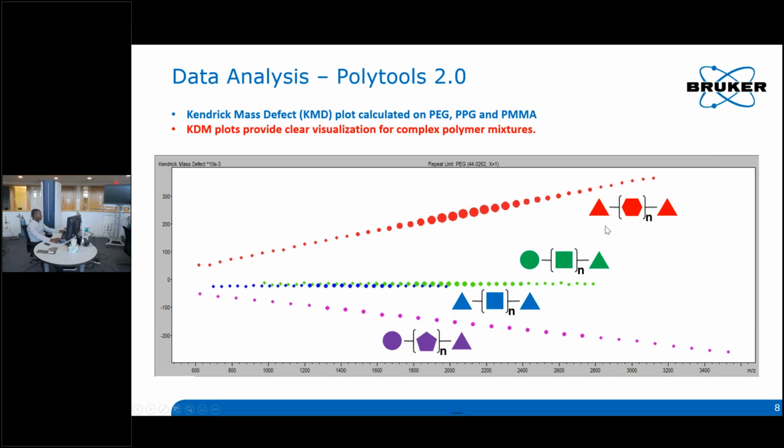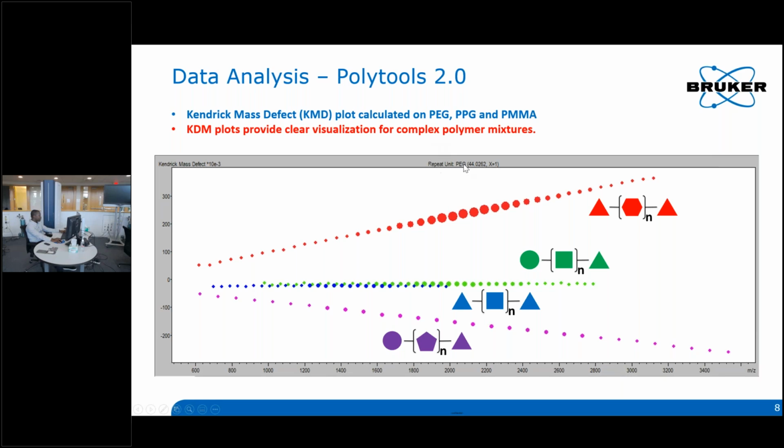This is a different sample that was analyzed and interpreted using Polytools, and was a complex polymer mixture of PEG, PPG, and PMMA. And as you can see here, we get about 4 series present in the sample, 2 of them that align horizontally, meaning that they have the same repeat unit mass.